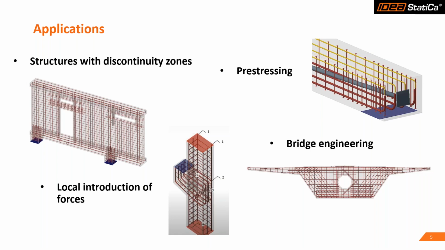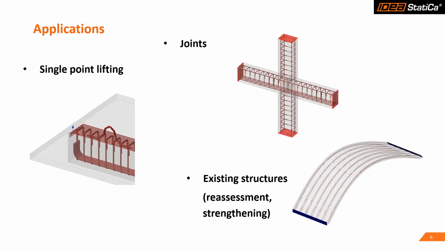In bridge engineering, for example, the supporting beams that usually have openings are really challenging. If there are any precasters participating in our webinar today, I know that you're fighting every day with single point lifting. You can have precise analysis in detail about such situations.